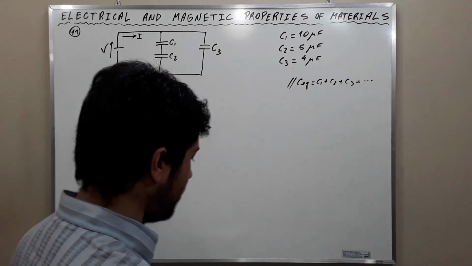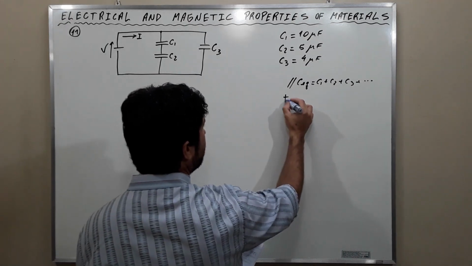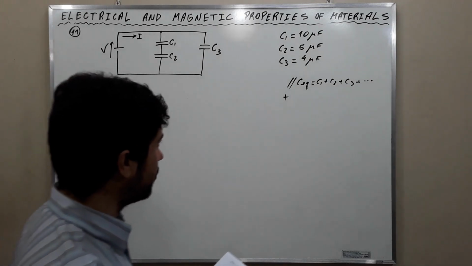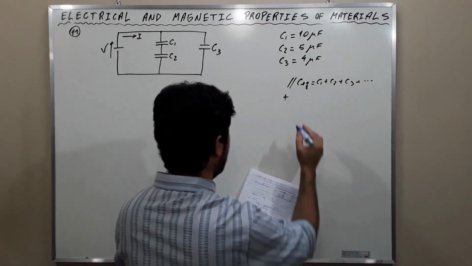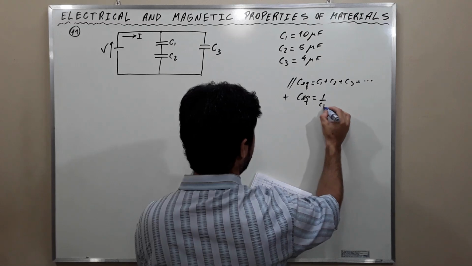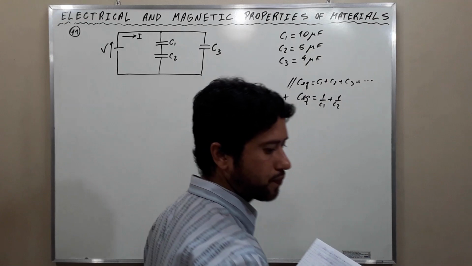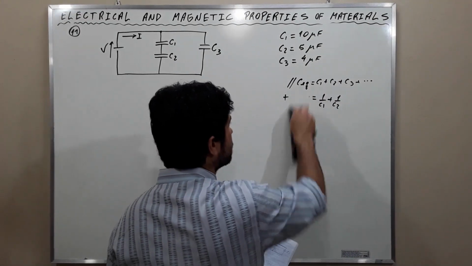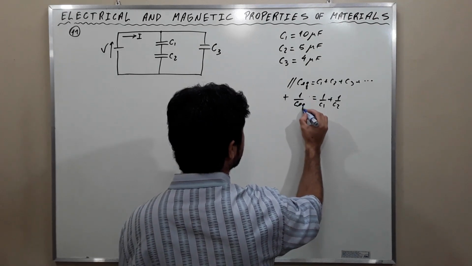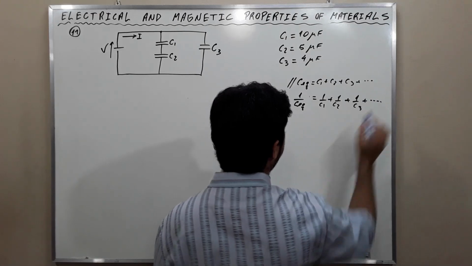And for the series connection, I'm going to put a plus there. For the series connection, we do this: 1 over C equivalent is 1 over C1 plus 1 over C2 plus 1 over C3 plus.